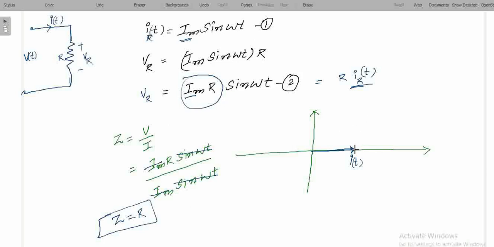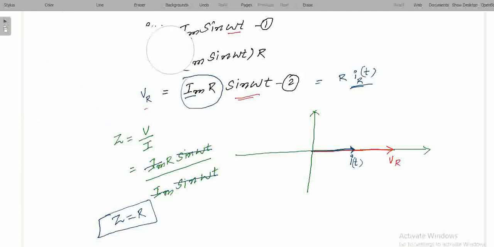So this is your VR. If you observe, IR of t is sin omega t, VR of t is also sin omega t. So there is no phase difference. If it is a purely resistive network, there is no phase difference between your current flowing through the resistor and voltage across the resistor. This is for purely resistive network.